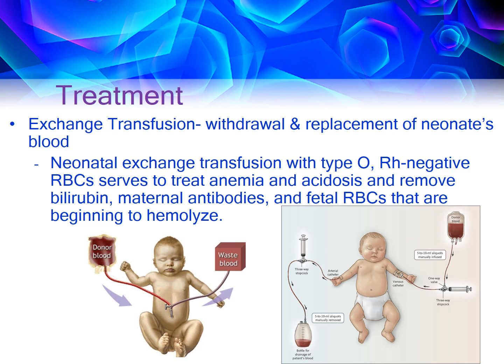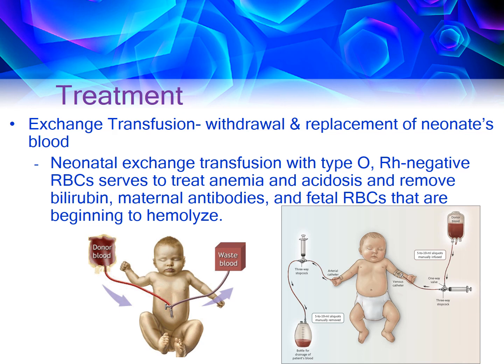These pictures show you how it's being done here. We're going to use type O Rh negative red blood cells to treat both anemia and acidosis, but it also removes that bilirubin, maternal antibodies, and fetal red blood cells that are beginning to hemolyze.